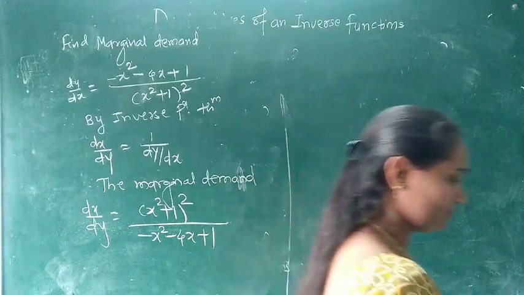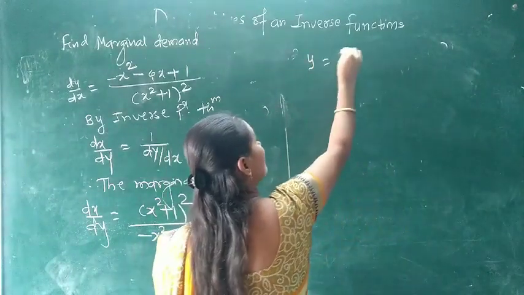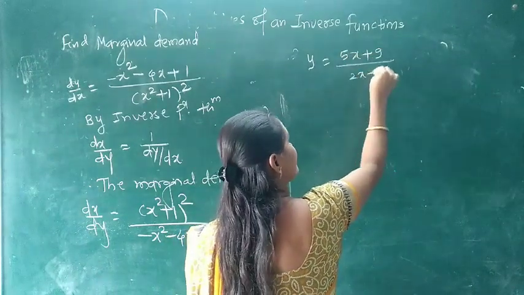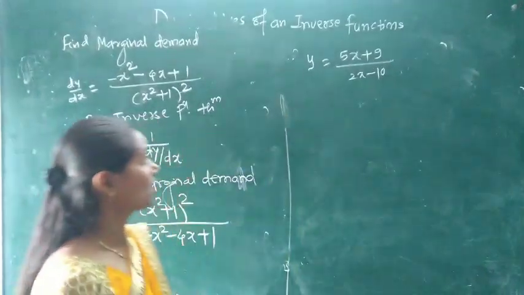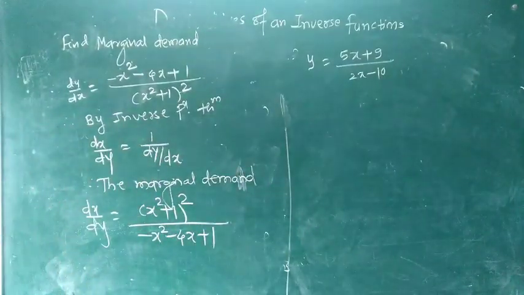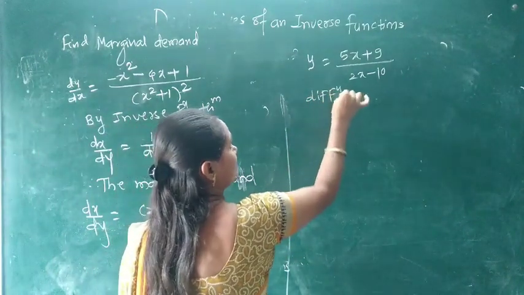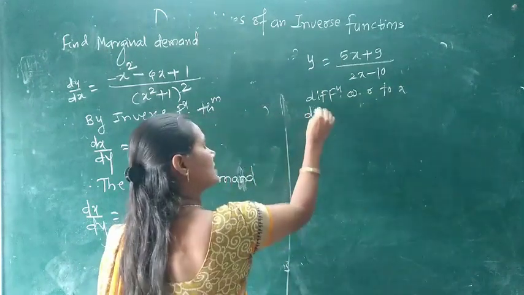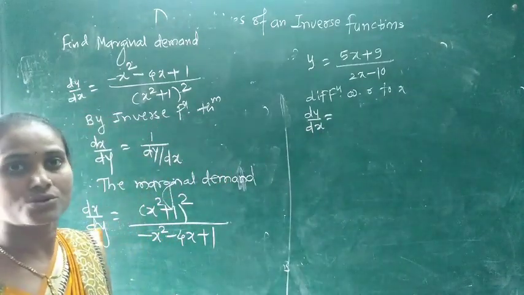Third example. y is equal to (5x plus 9) upon (2x minus 10), that is 5x plus 9 divided by 2x minus 10. So again differentiate with respect to x. That is dy upon dx. Again we use the quotient rule here.